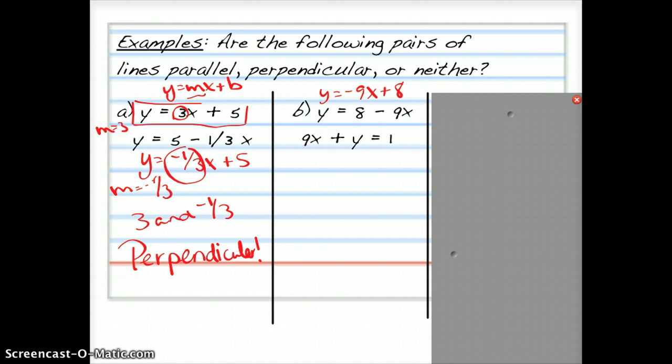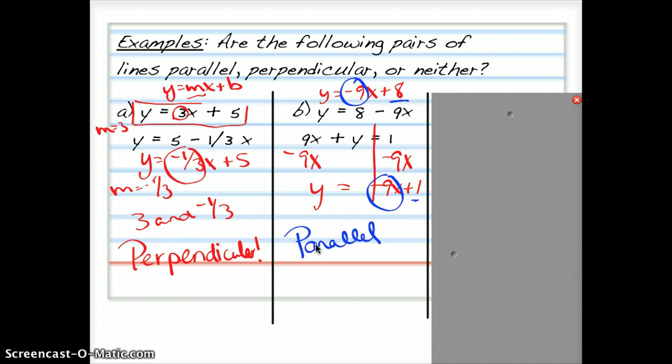So I would want to get y alone by subtracting 9x from both sides. And it looks like y equals negative 9x plus 1. So if I check out their slopes here, the first one has a slope of -9. The second one has a slope of -9. They both have the same slope, and if you look at their y-intercepts, 8 and 1, the y-intercepts are different. So these are parallel lines.